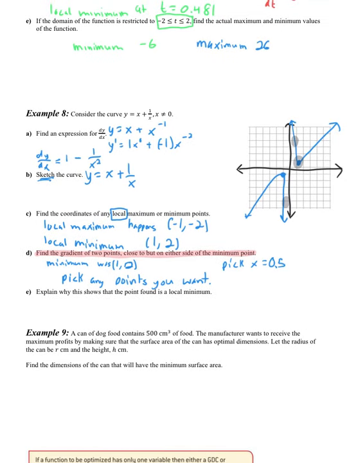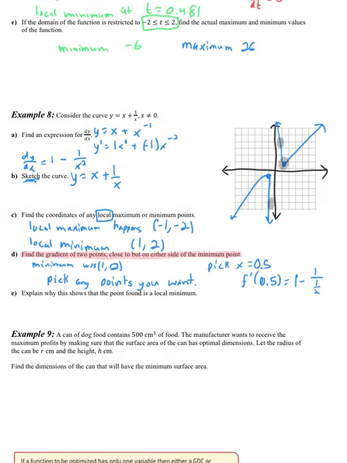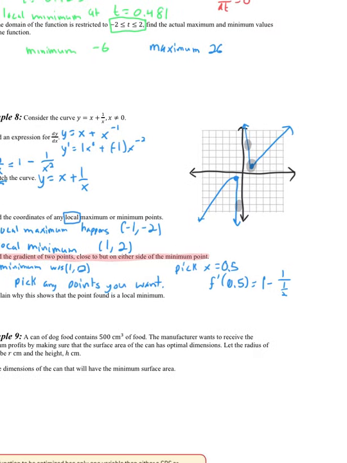And we're going to plug that into the derivative function. So f prime of 0.5 equals 1 minus 1 over 0.5 squared. And we just throw that into our calculator and we'll get a y value. Which becomes 1 minus 4, oh, it's 1/2 squared.